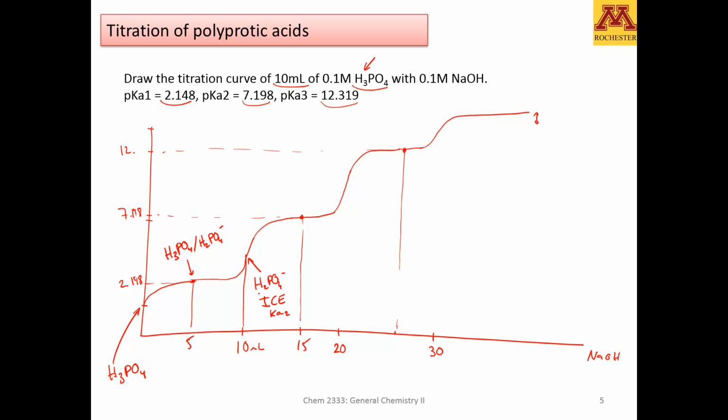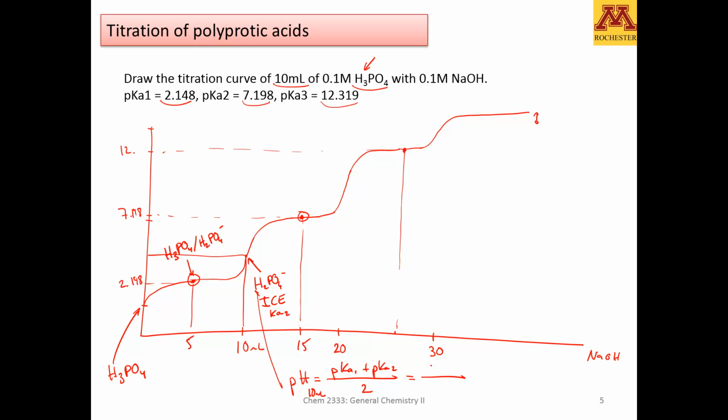One can actually calculate the pH at this point. The pH here is equal to the average of these 2 points. So that's very convenient. So again, the pH at 10 milliliters is equal to the pKa1 plus pKa2 divided by 2. We're not going to show why that is, but it can be shown that that's actually the way to calculate the pH.